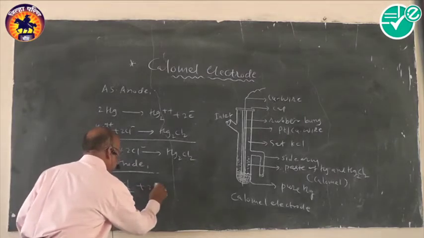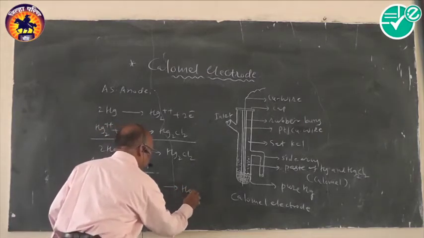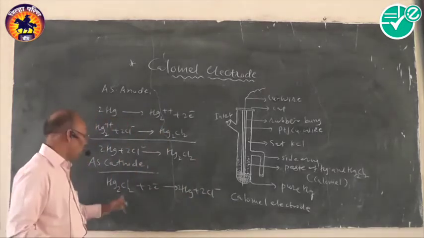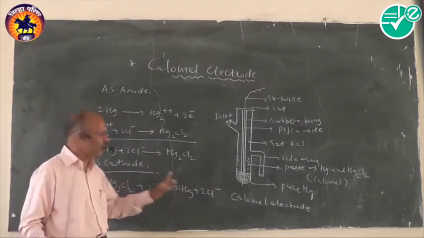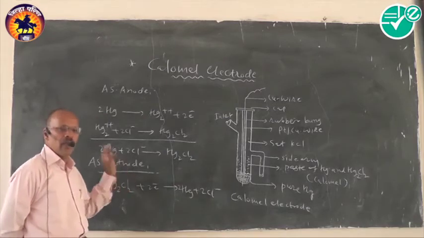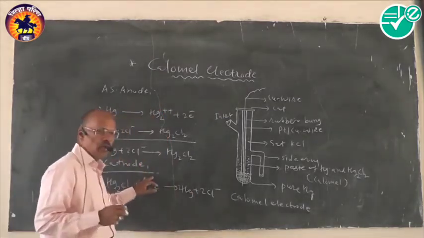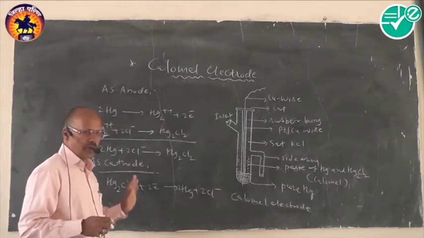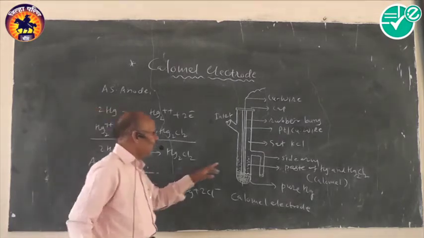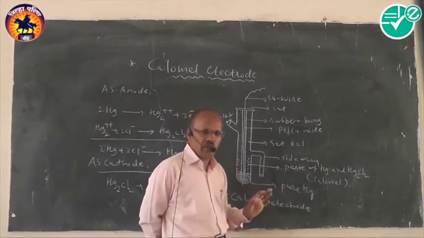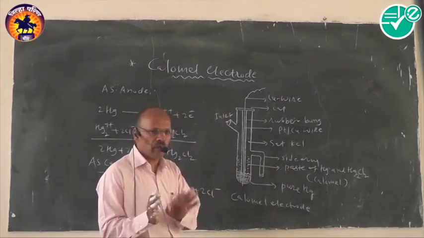Two electrons form 2Hg along with the 2 chloride ions. And therefore it shows the reduction process, acting as a cathode. Remember that this particular calomel electrode acts as a cathode as well as an anode. Okay. Now here, how the potential depends upon the concentration of KCl, and how it is a reversible electrode.